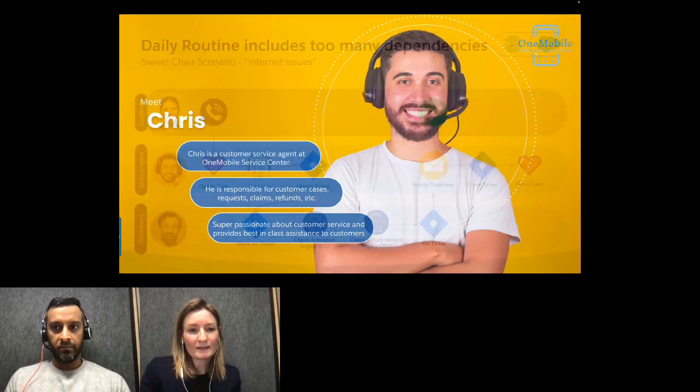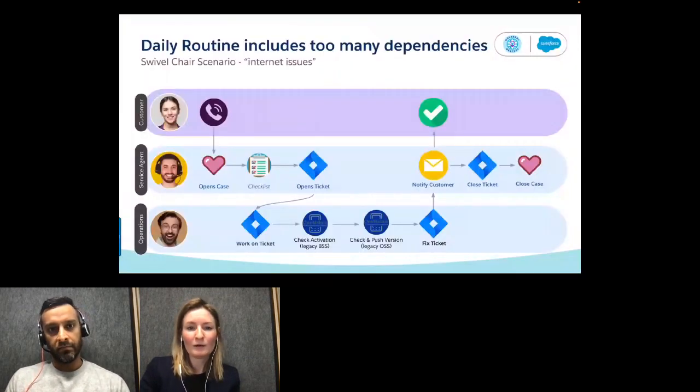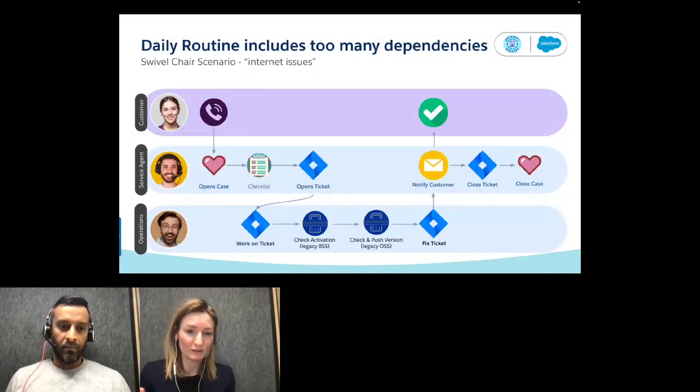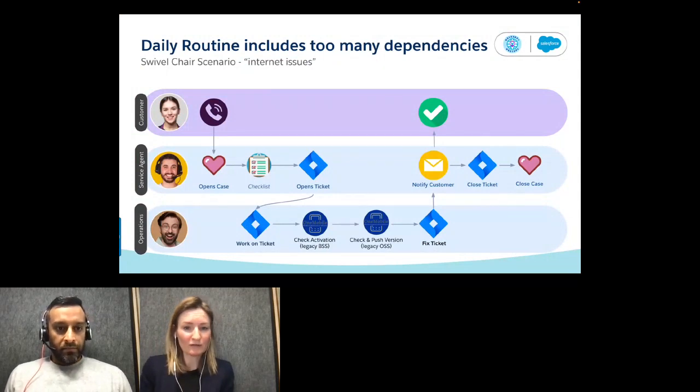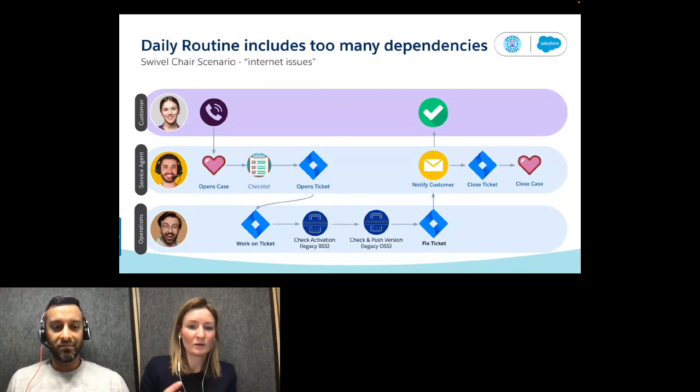If we take a closer look at how such a routine may look, we have a customer, Simona, calling customer support of One Mobile, and Chris then takes that call. What happens first of all is a short authentication by Simona, with her customer data, contract ID, etc. And then the issue is presented to Chris.